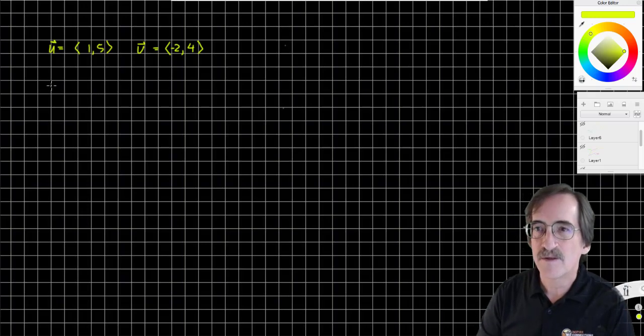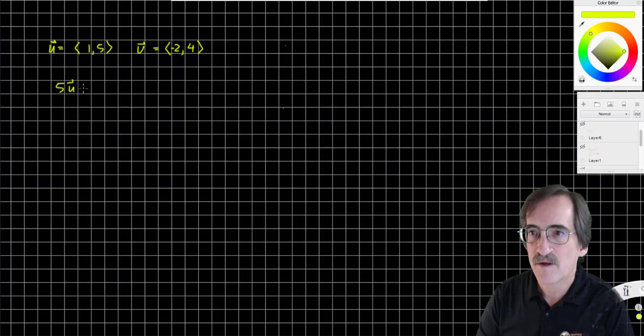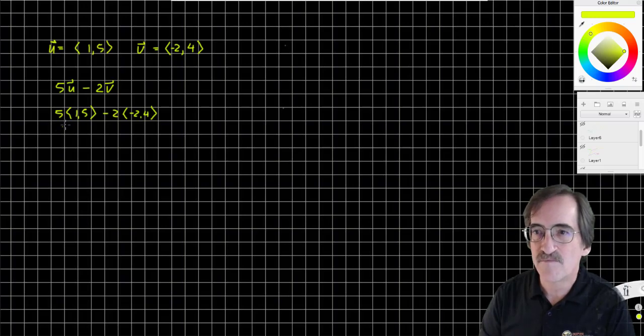Okay, and let's do 5 times u minus 2 times v. It really comes down to this: 5 times vector u, 1, 5, minus 2 times vector v, -2, 4. 5 multiplied by the components, 5, comma 25.